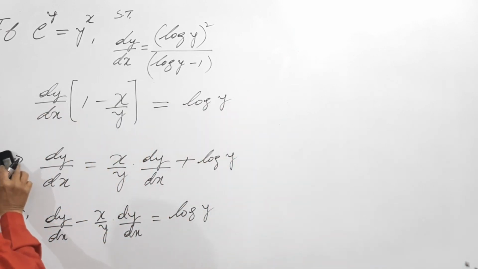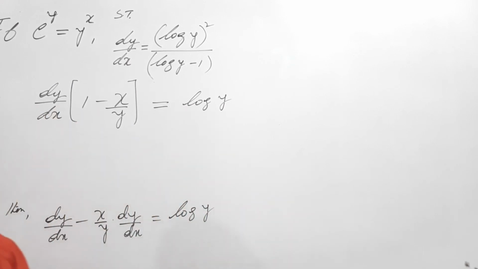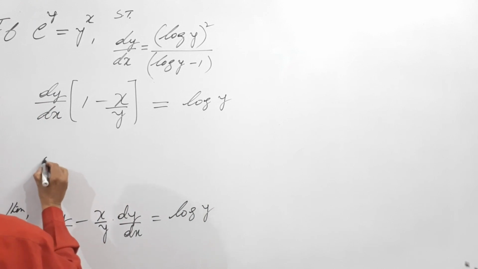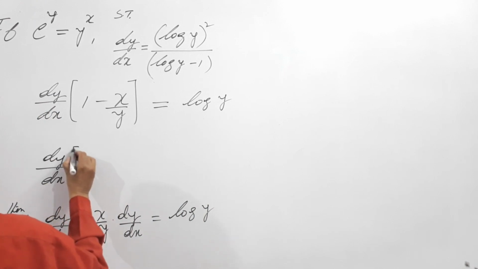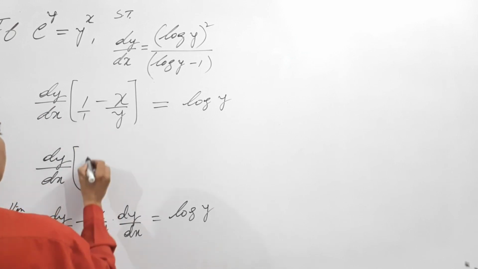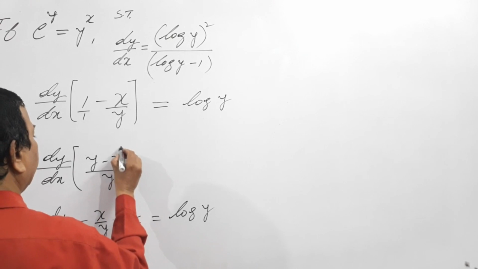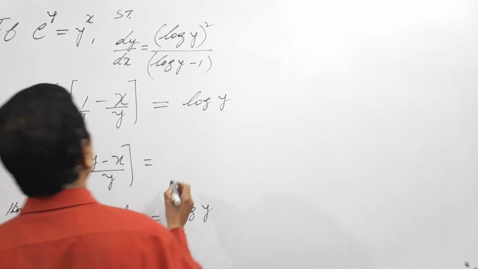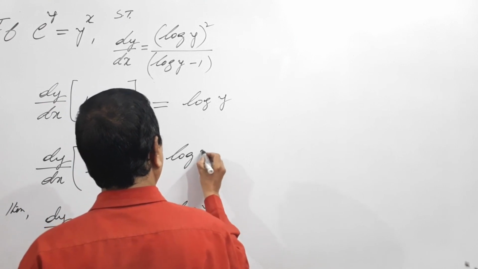I will rub this. So I will take the LCM here: dy by dx into (y − x)/y equals log y.